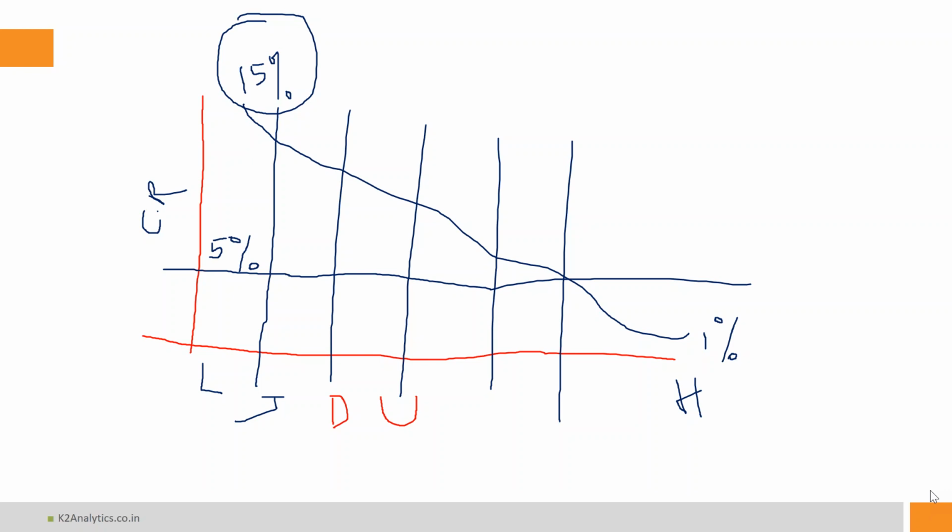If I give 5 GB of data free, many of the customers who were likely to churn, who churned, could have been retained. Assume. Okay. Should I go ahead and tell all my customers 5 GB free? No. Only the 15%. Only the customers who are likely to churn, to whom I should be giving this offer.